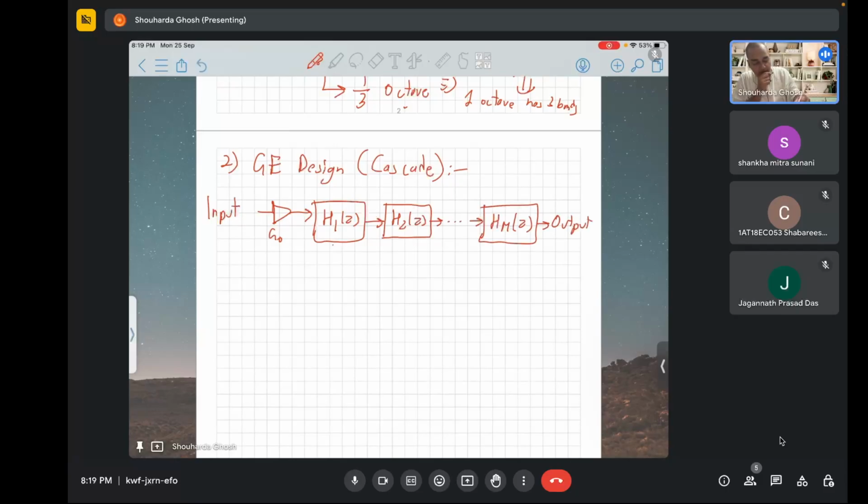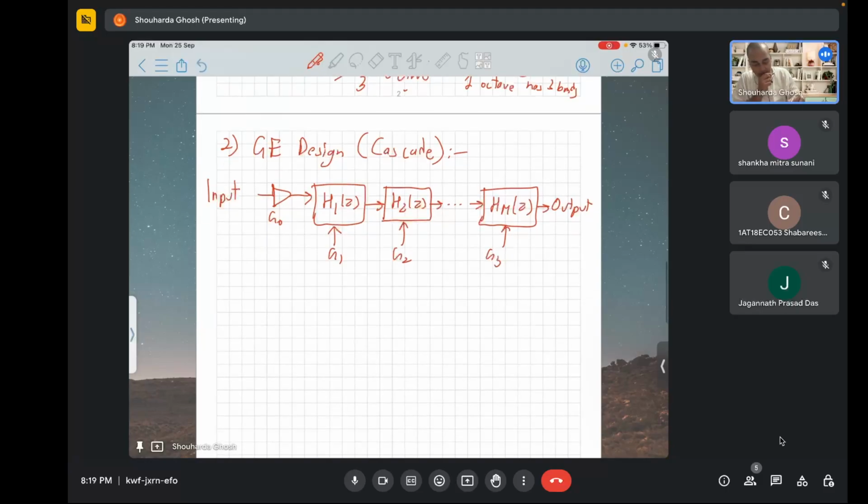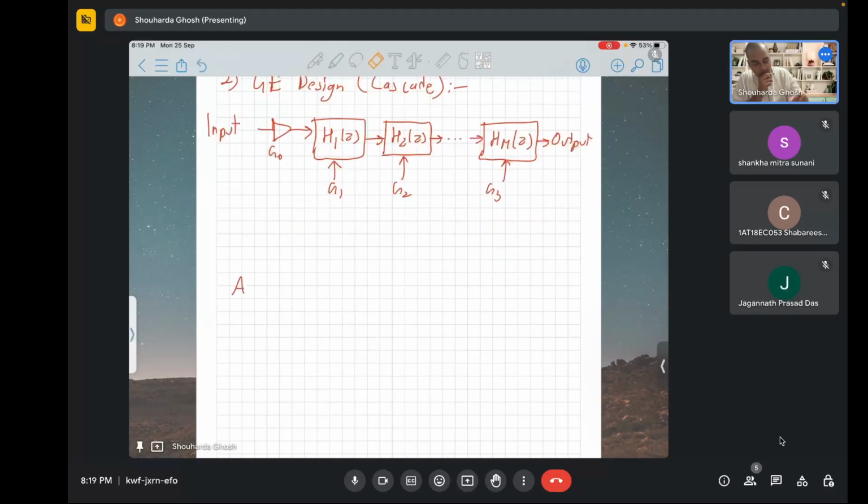As I mentioned, all your filters are fixed in frequency response, but their gains are variable, so we call it a cascade graphic equalizer.